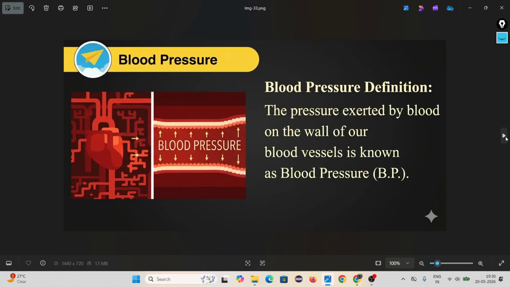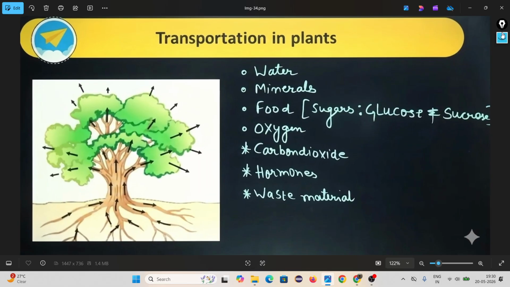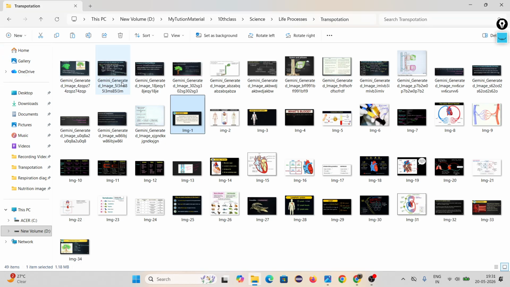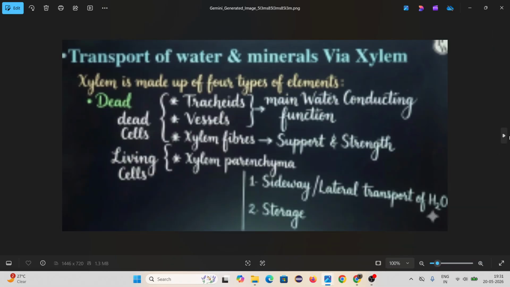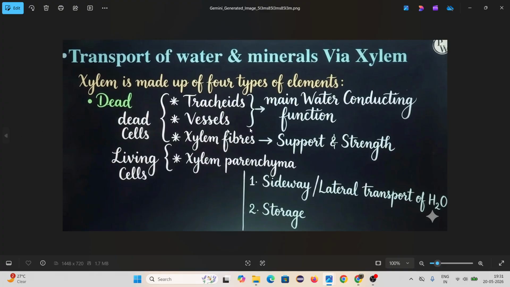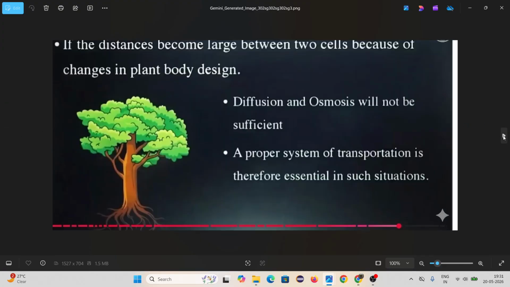Just wait, there is a page missing. Where is that page? Tomorrow I will complete this chapter, okay?